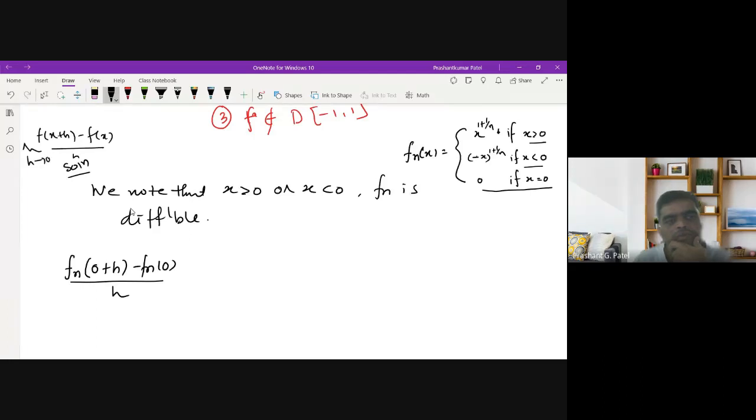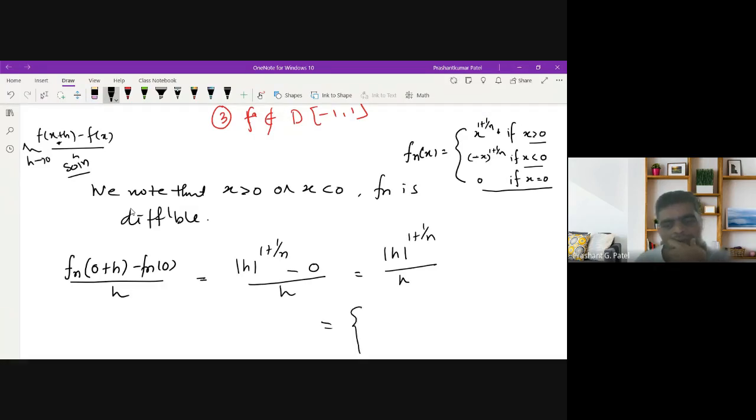So this is, since we are discussing x equal to 0, mod h raised to 1 plus 1 by n, because 0 plus h is h, minus fn at 0, which is 0, upon h. This is mod h raised to 1 plus 1 by n upon h.